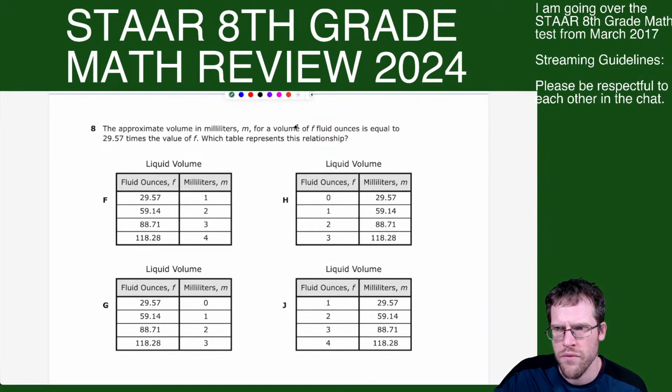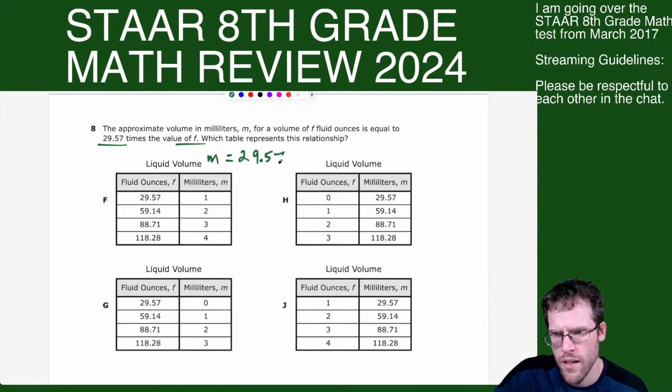So the approximate volume in milliliters, M, for a volume of F fluid ounces is equal to 29.57 times the value of F. Okay, so F is the one being multiplied by this. So I could say here that M, the approximate volume in milliliters for a volume of F fluid ounces, is equal to 29.57 times the value of F.